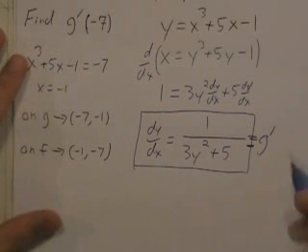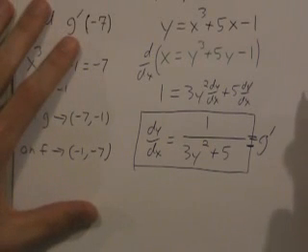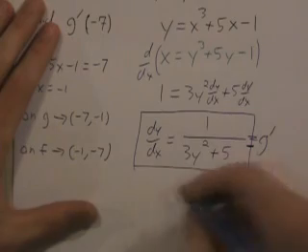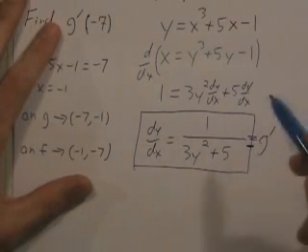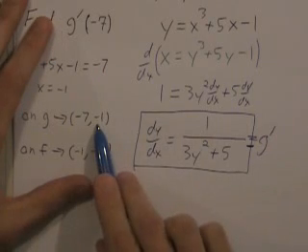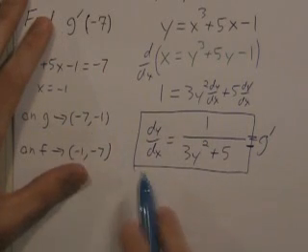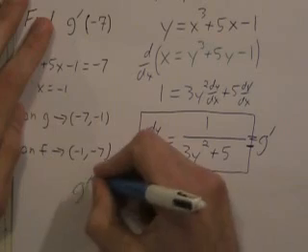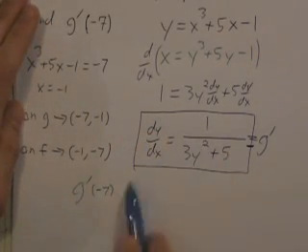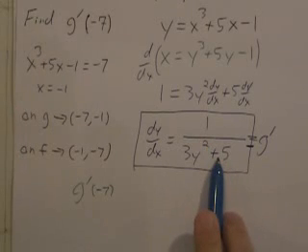Since we wanted g prime of -7, we know that the y value that corresponds to x being -7 on g is -1. We can't plug -7 in here because there are no x's.